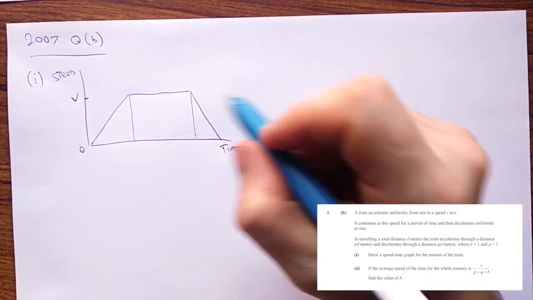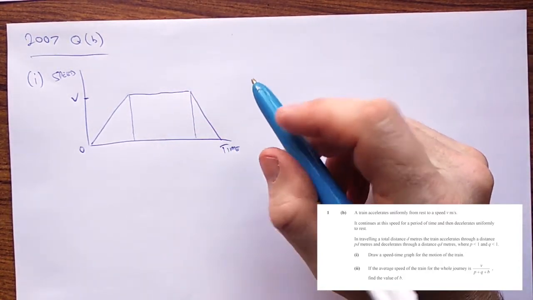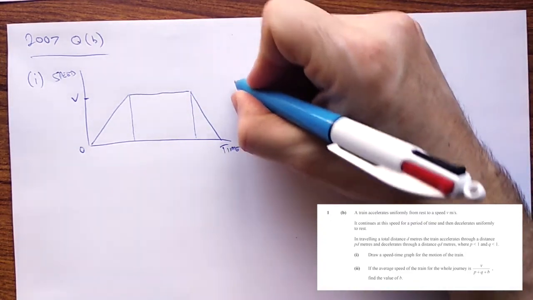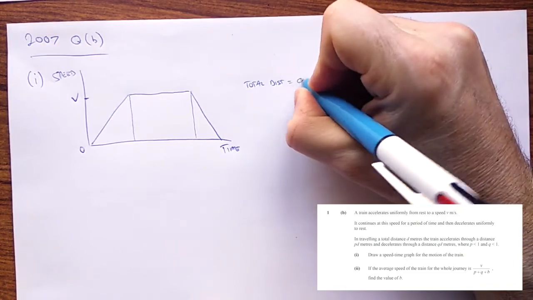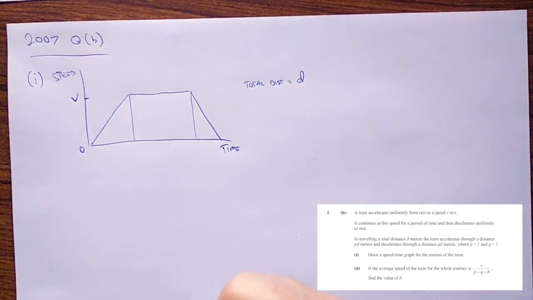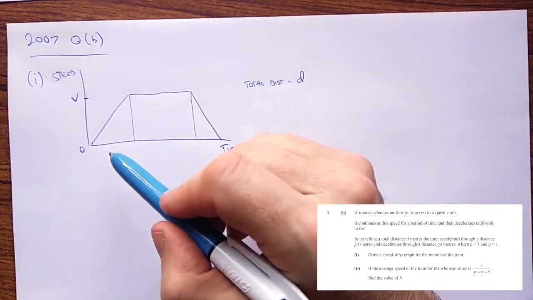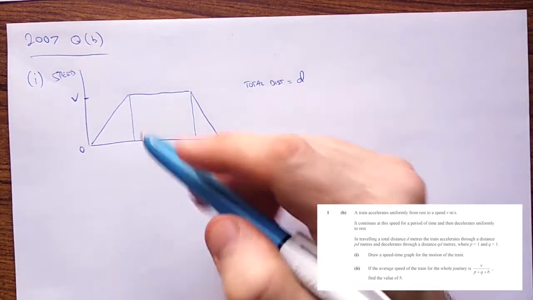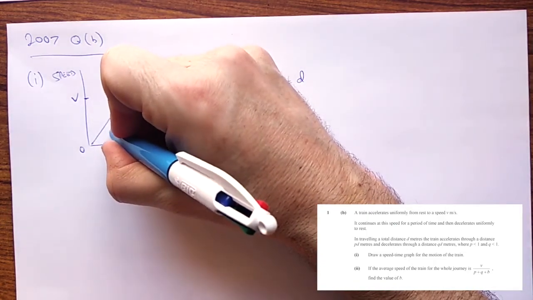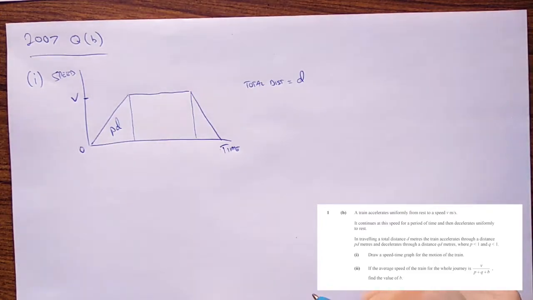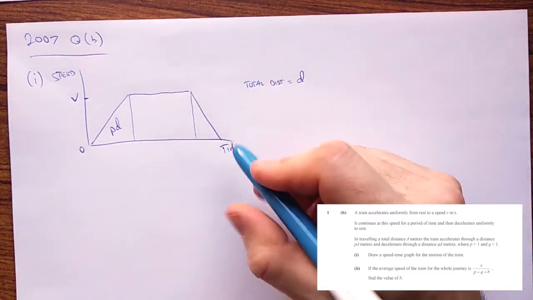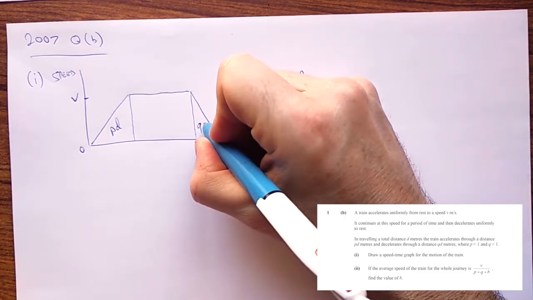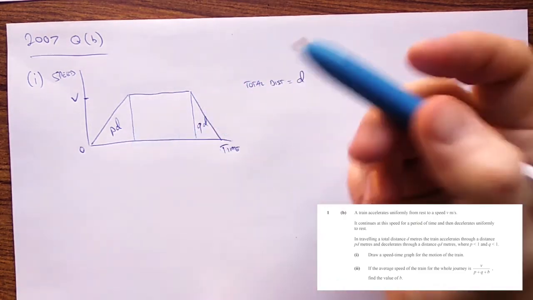Now, we are told a bit more information at this one here. We're told that the total distance is d. So total distance equals d. Let's pop that down there so we know it. And we're given a bit of information on each of these ones. So in the first part of it, this distance is pd. Not told anything about this guy. And the other distance is qd, where p and q are less than 1.